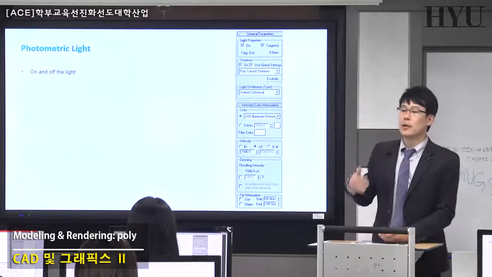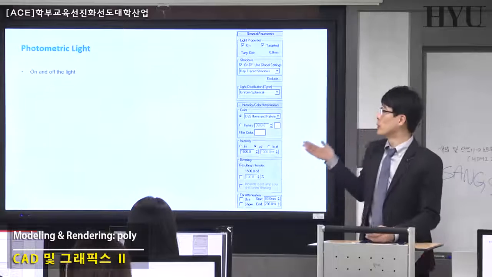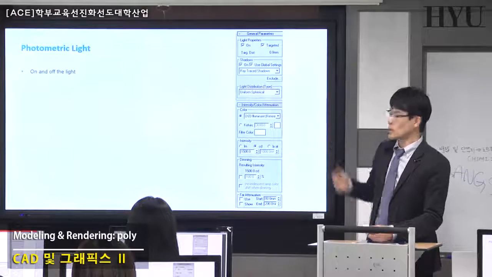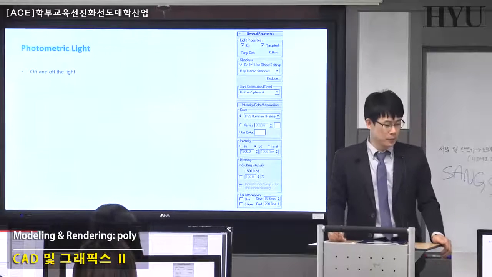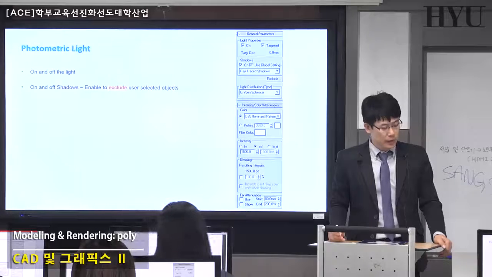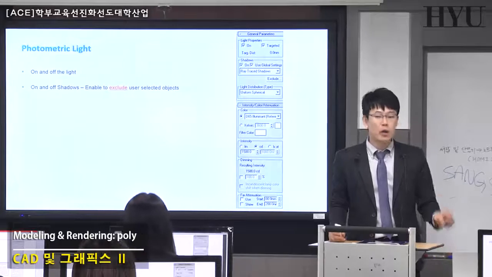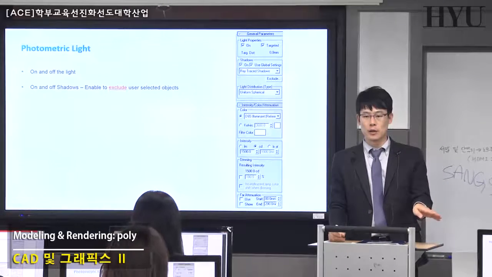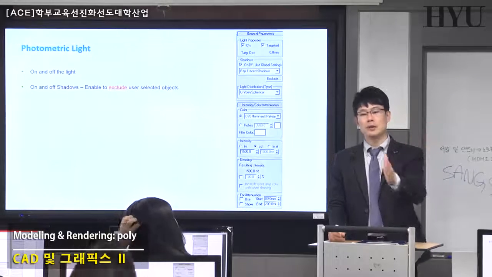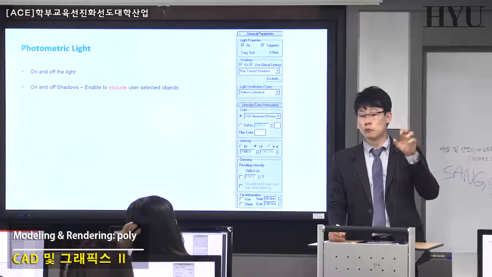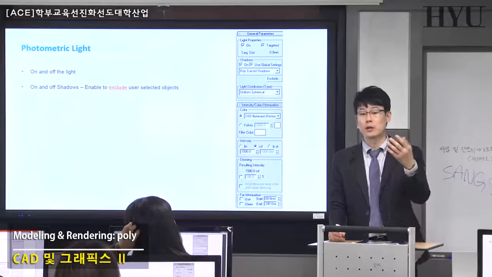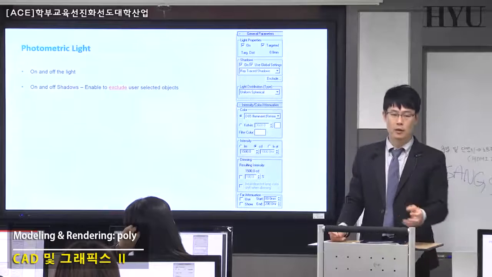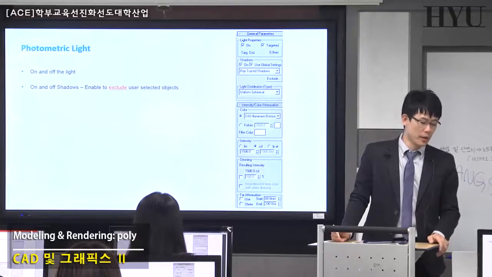Very simple, but let me list up what you have to know about the light. Of course, on and off, and you can turn off against a specific object, okay? There is 3 cups, but if you don't want one cup to get some light, you can turn off only for that second cup, something like that, okay?